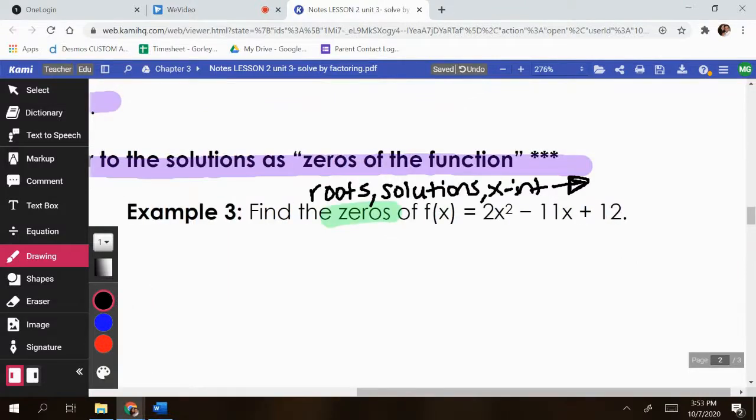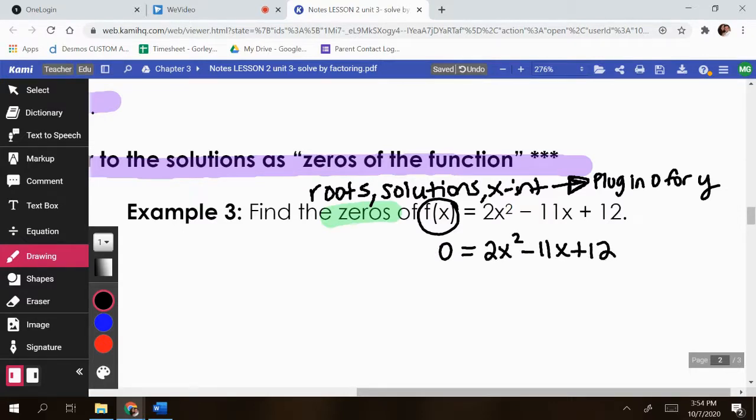X-intercepts are found by plugging in 0 for y and solving for x. So if I plug in 0 for y, this would look like 0 equals 2x squared minus 11x plus 12. And I need to factor this to solve for x.